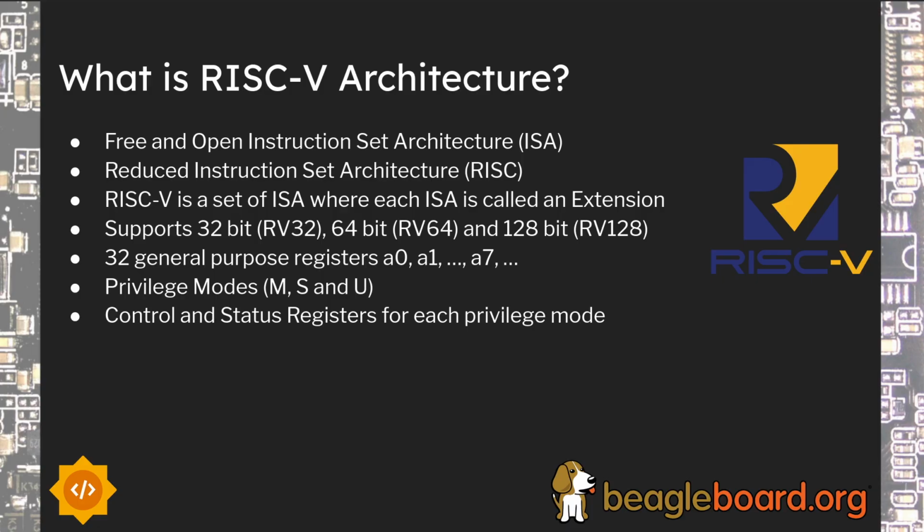And RISC-V is a set of ISAs where each one is called an extension. It supports 32-bit, 64-bit and 128-bit modes, and there are 32 general purpose registers and 3 privilege modes: machine, supervisor and user mode, and it has control and status registers for each privilege mode.